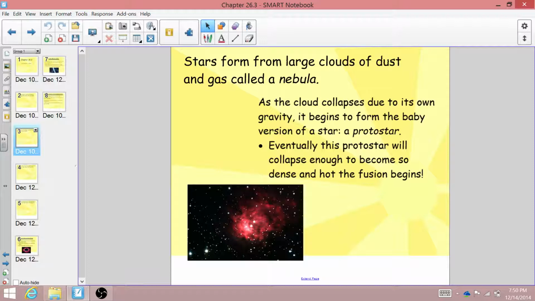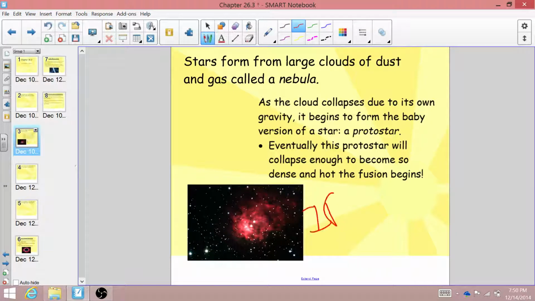So you can see in this picture right here that this glowing cloud of dust is the nebula. Now, if we were to look at a nebula with a regular telescope or our naked eye, we would not see it this color. This image is taken with an infrared camera. Remember, we talked about infrared being before red light, and then it goes up through the rainbow to violet.